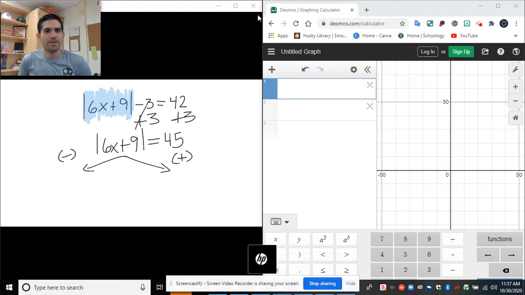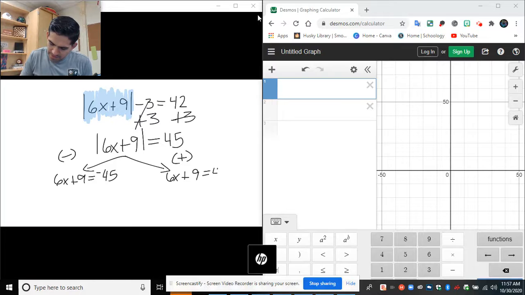By splitting into two parts, I'm allowed to remove the absolute value lines because I'm already accounting for the fact that we're going to have two answers. So we have 6x plus 9 equals negative 45, and 6x plus 9 equals positive 45. Notice how there are two parts to this: the negative side of things, and the positive side of things.